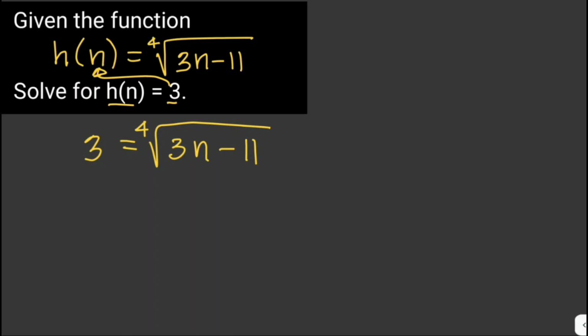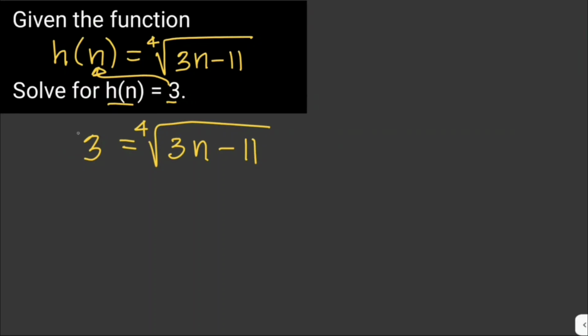Now, to solve for the value of n here, we just have to remove the radical first by raising each side to the index of the radical, which is 4. So we raise both sides to the power of 4. So this would be 3 to the 4th equals 3n minus 11. And 3 to the 4th is just equal to 81.